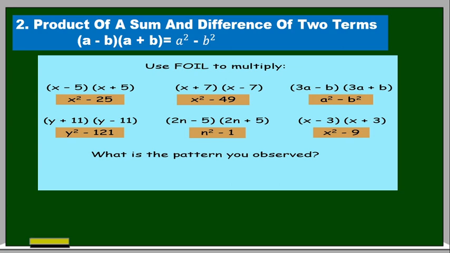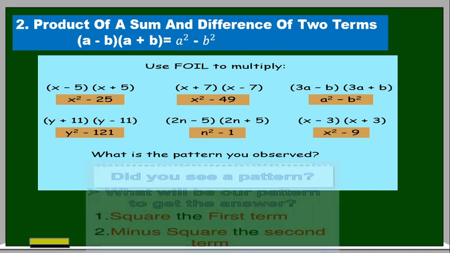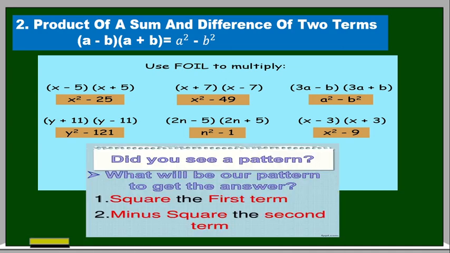Question: what is the pattern you observe? Did you see a pattern? What will be our pattern to get the answer? You are going to square the first term. Our first term is a.